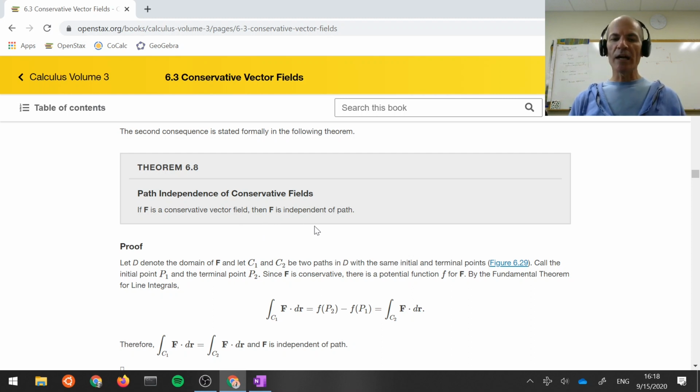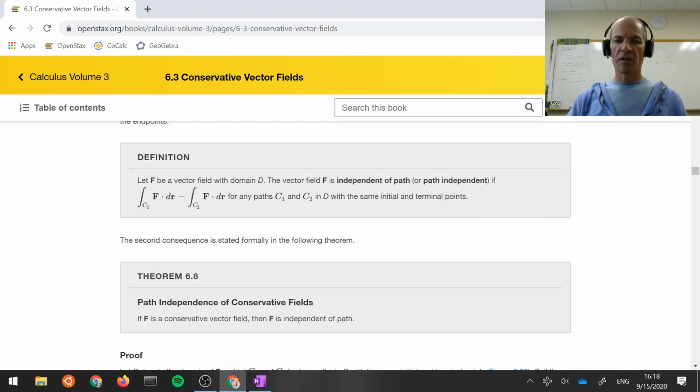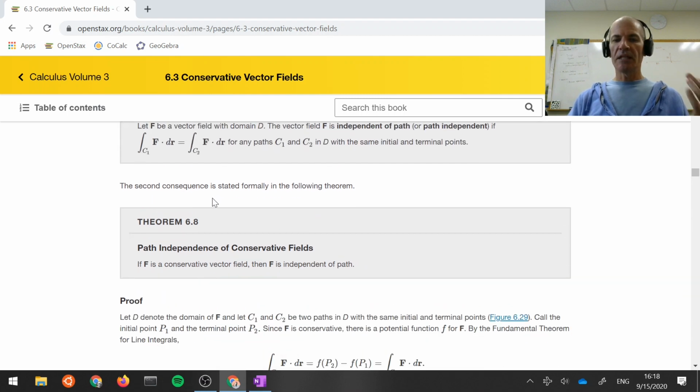That follows directly from the fundamental theorem of line integrals, right? If F is conservative, then we know that there's a little f, the gradient of which is big F. And we know that to evaluate the integral of F dot dr, we only need to plug in the endpoints. Therefore, the path doesn't matter. Therefore, independence of path.